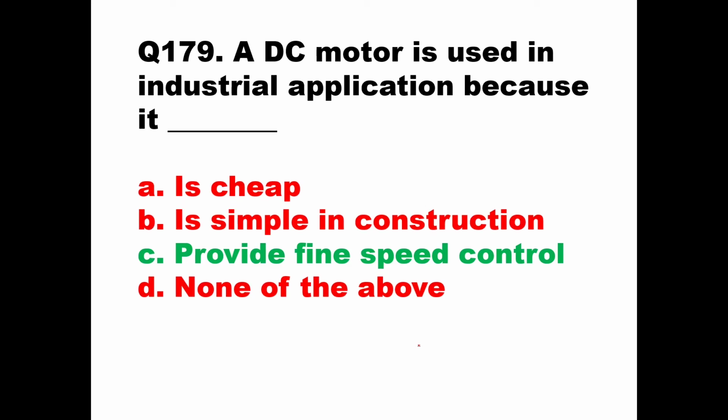So option C, a DC motor is used in industrial application because it provides fine speed control. Speed variation can be controlled very finely at a very low speed also, or at a higher speed also, very accurately you can control the speed of the motor.